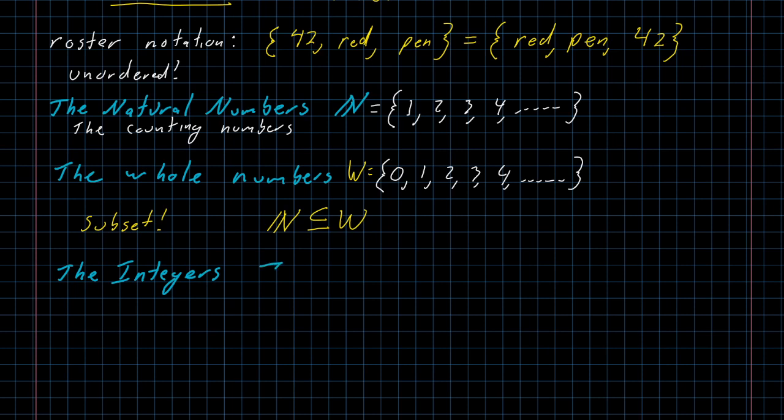The symbol for integer is a Z, which makes absolutely no sense until you learn that this idea was first developed in Germany. And the German word for integer starts with a Z. And because mathematics tries to be an international language, we've just kept it, and everyone uses the letter Z to represent the integers.